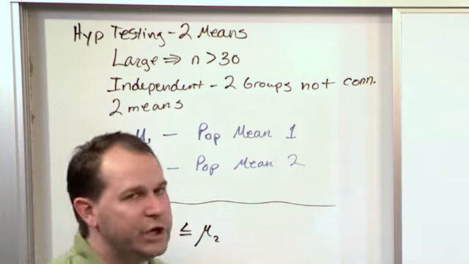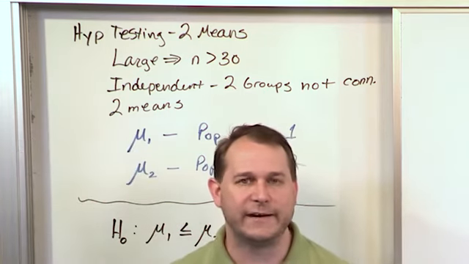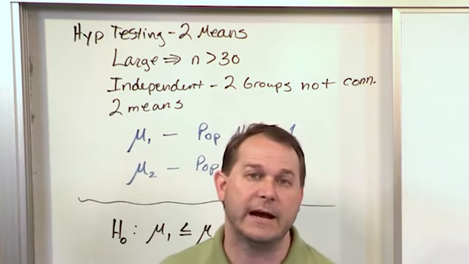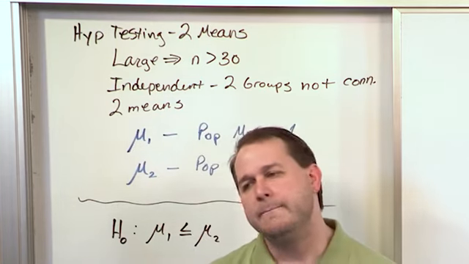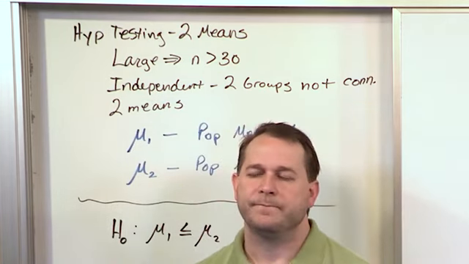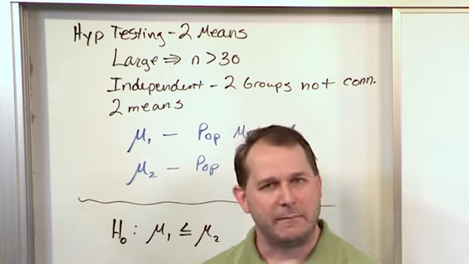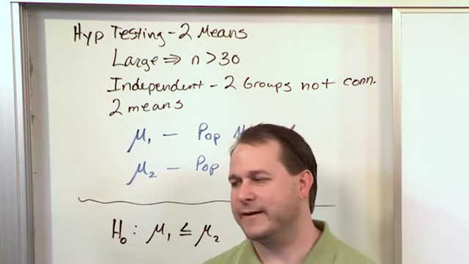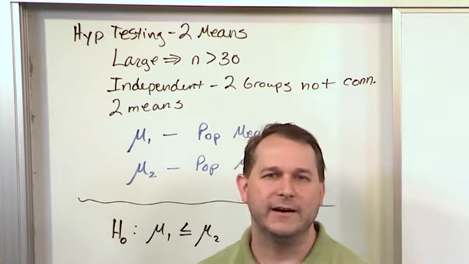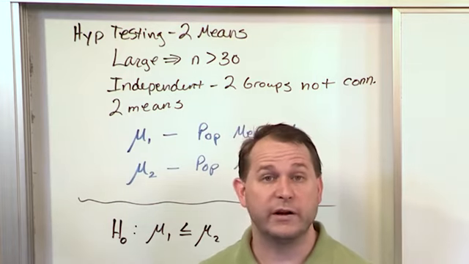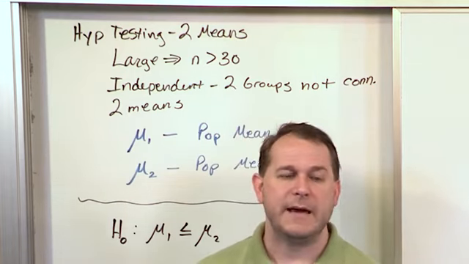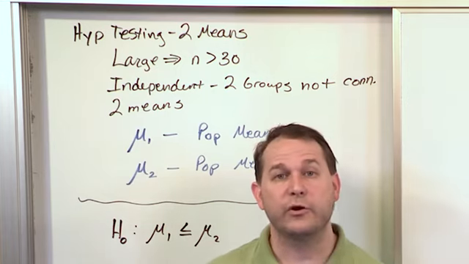You have to label and know what you're writing down in terms of the hypothesis, right? So maybe mean number 1 represents, not going to start a war here, maybe the average height of men. Maybe the population 1 is all men in the city. Maybe the population 2 is all women in the city.